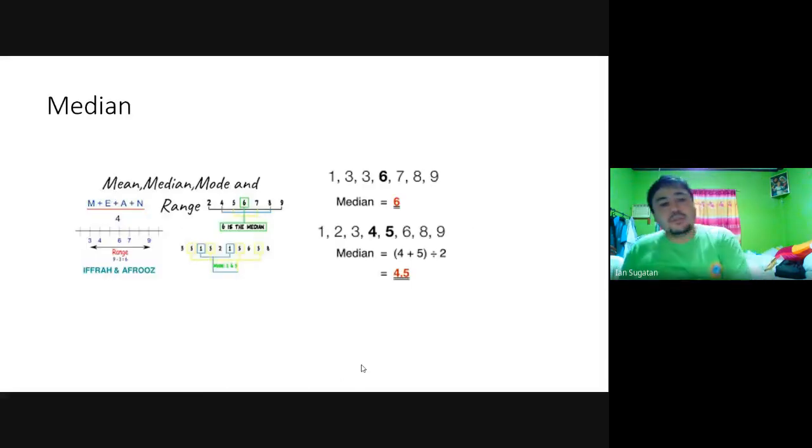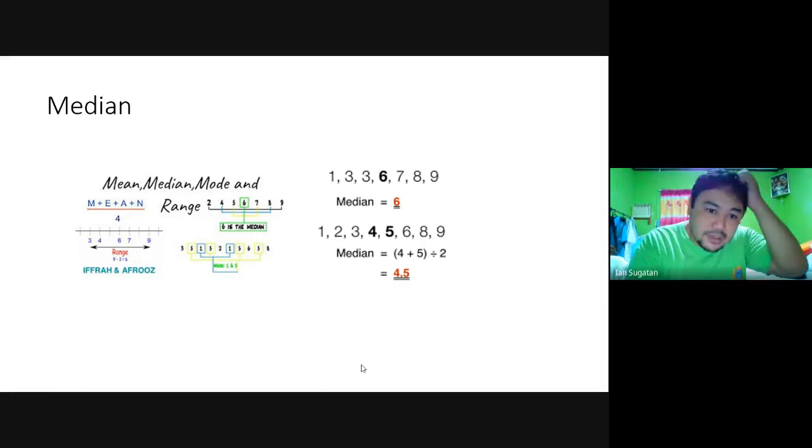All right, so the median is practically the center of the values, as you can see here in the example. If we had 1, 3, 3, 6, 7, 8, and 9, and you count the numbers, 1, 2, 3, 4, 5, 6, 7, then 7 divided by 2 is 3.5.